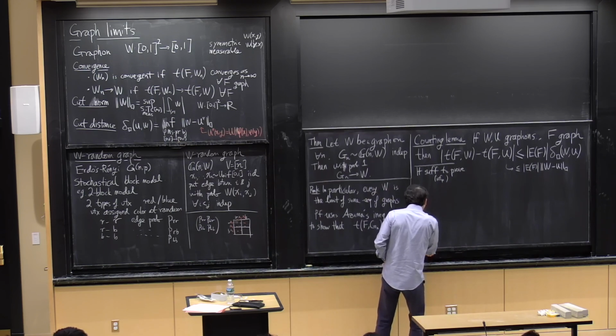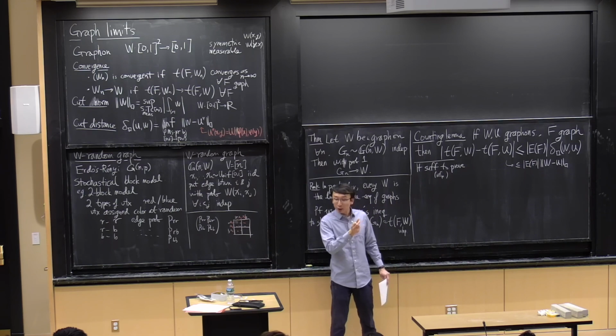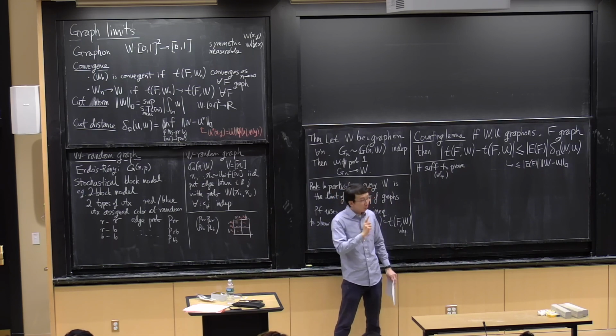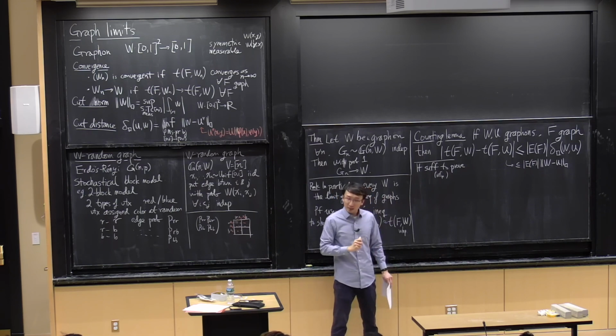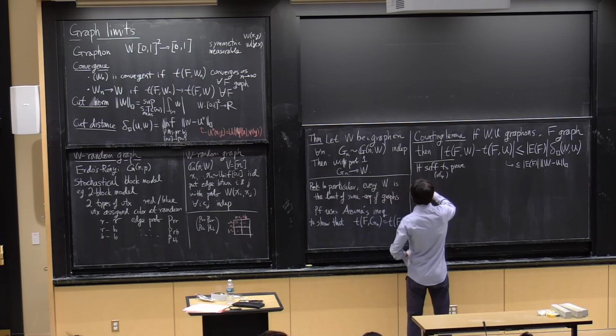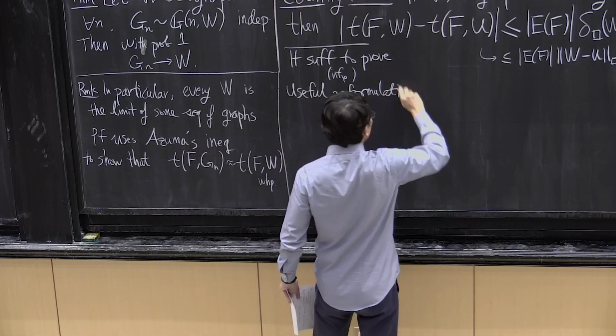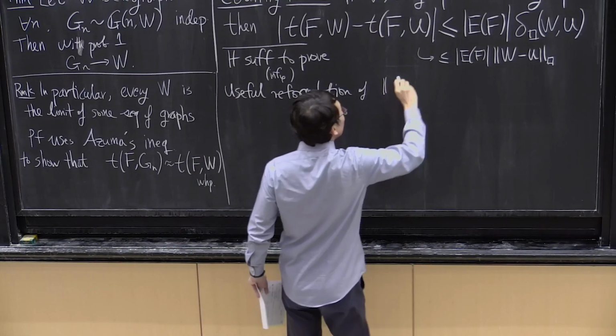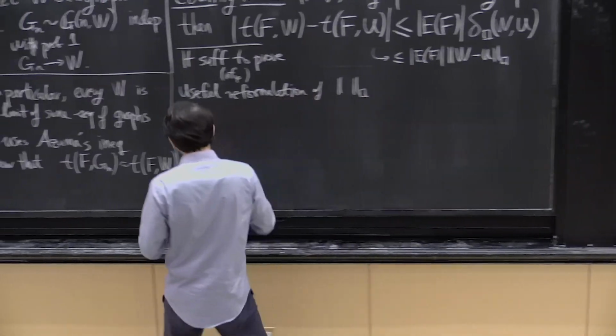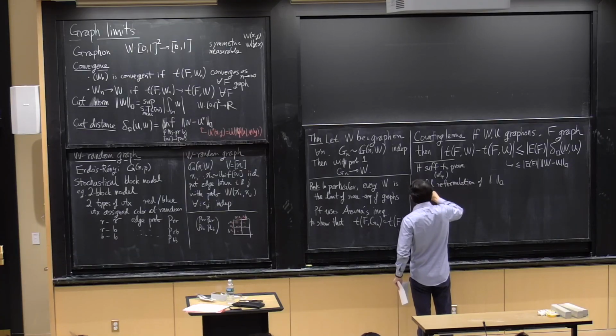I want to give you a small reformulation of the cut norm that will be useful for thinking about this counting lemma. So here's a reformulation of the cut norm.